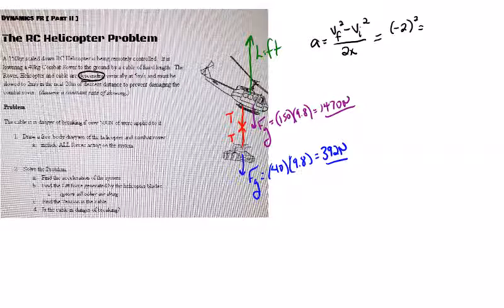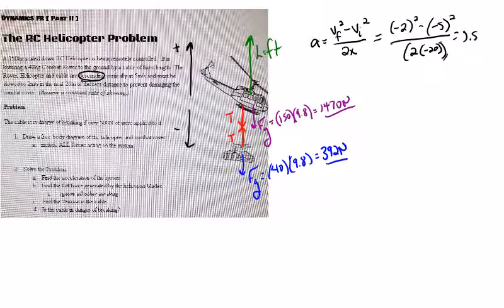Then I'm going to subtract the -5 squared, over 2 times -20, because I was treating anything downward as negative, so anything upward was positive. And so I figured out the acceleration. Hopefully you got the same answer, 0.525 meters per second squared.